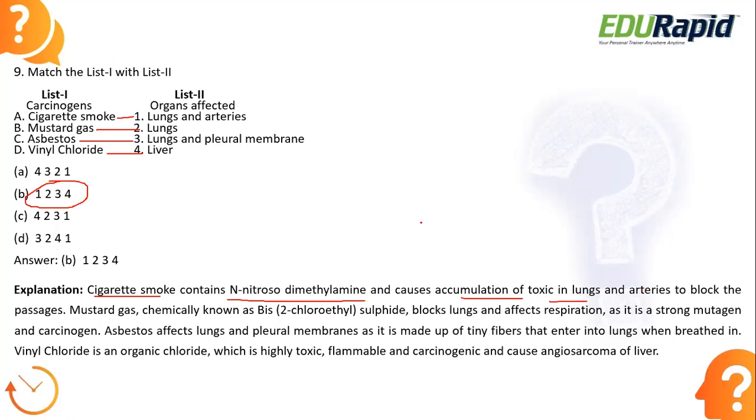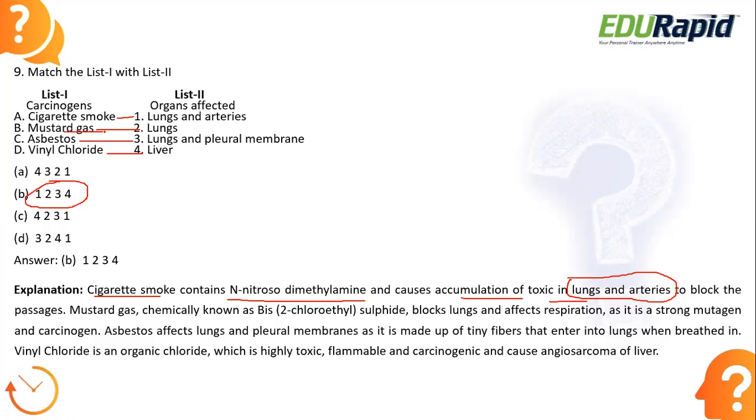So if this N-nitrosodimethylamine enters our lungs, it will get accumulated there in the lungs as well as the arteries. Arteries are one kind of blood vessel. So both of these are accumulated with this chemical, right? When it accumulates, it completely blocks the movement of the air, so there will be no proper exchange of gases in this case.